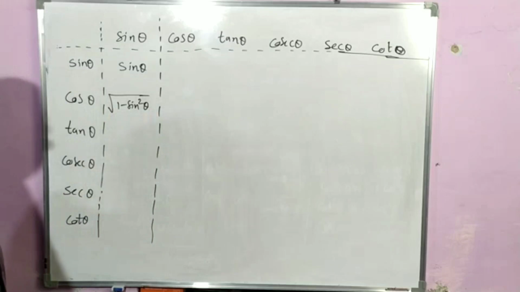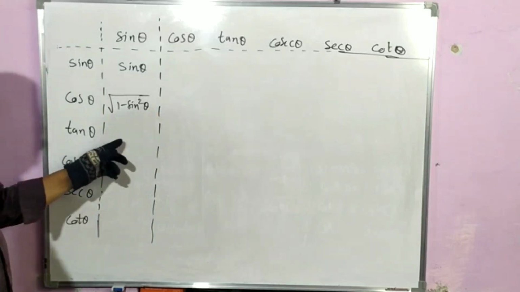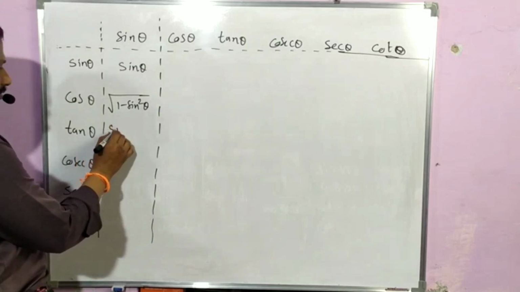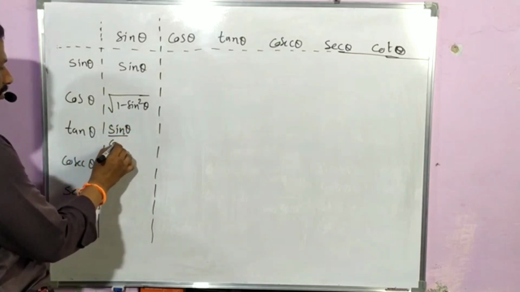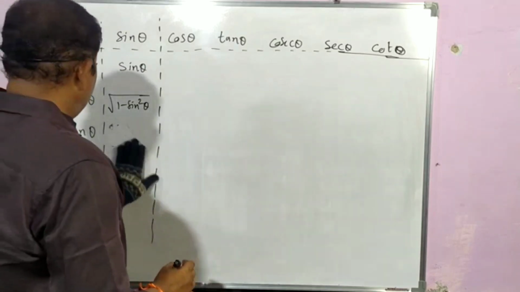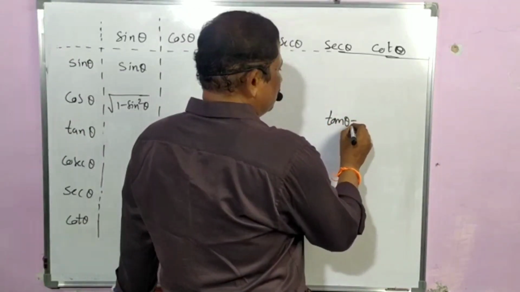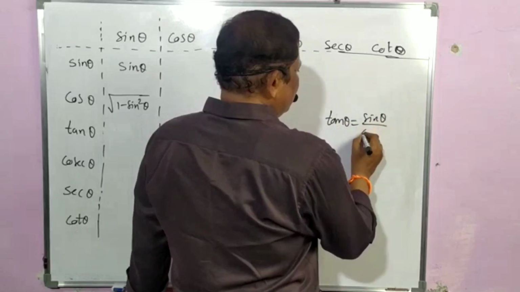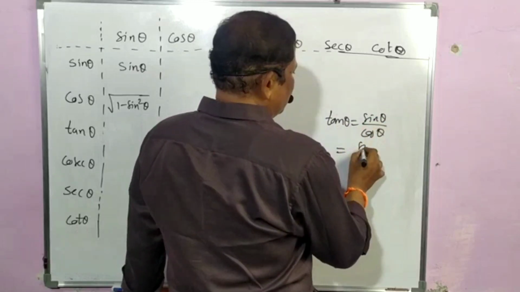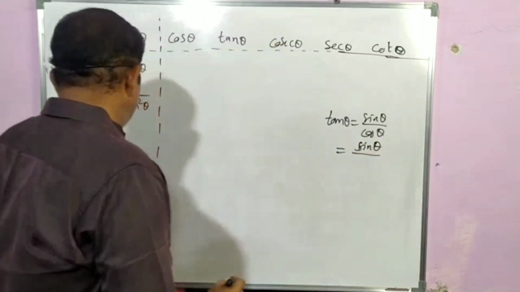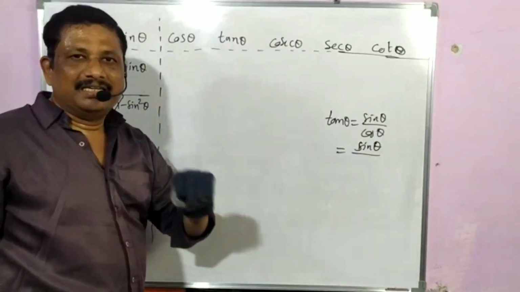Tan in terms of sine. How to write tan in terms of sine? Tan theta is equal to sine theta by cos theta. Numerator we already obtained as sine theta.